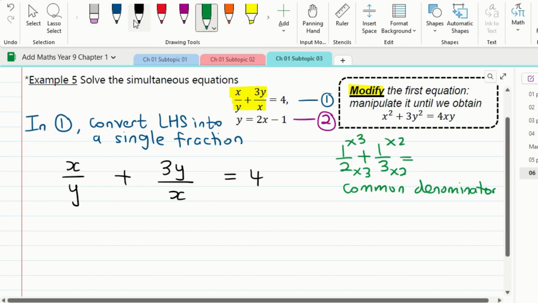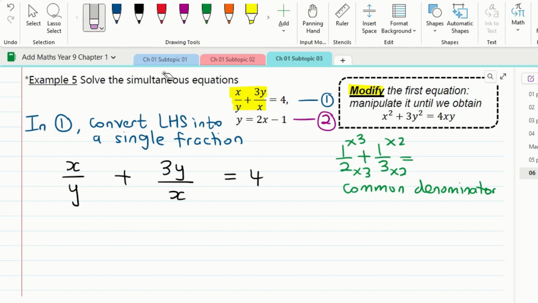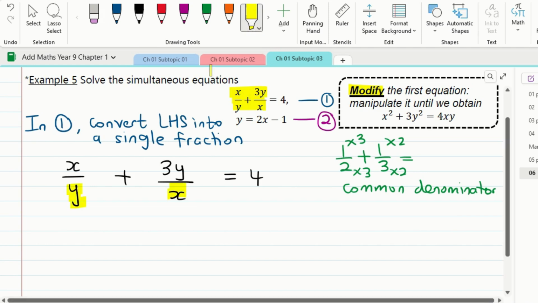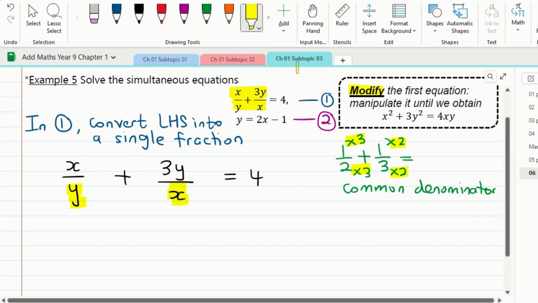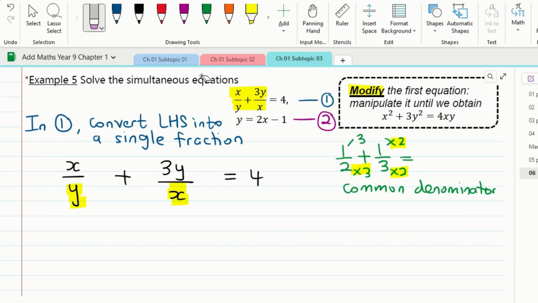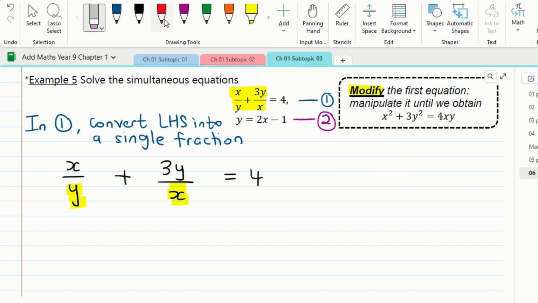But for an algebraic expression, if you have unknowns as your denominator, you apply the same concept of multiplying the expression so that they will have the common denominator. You will learn it in the future. So y and x have a common denominator.